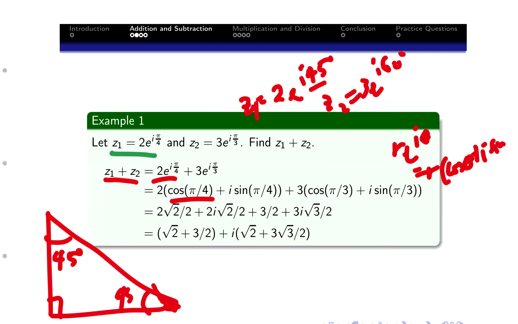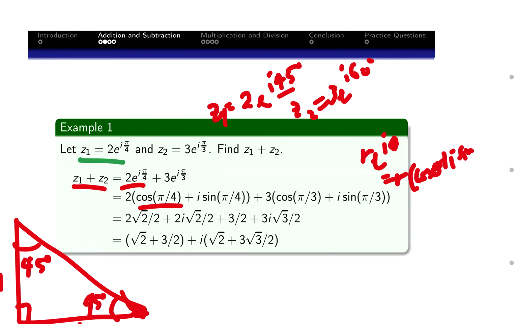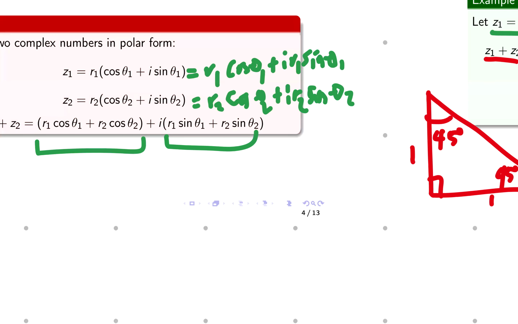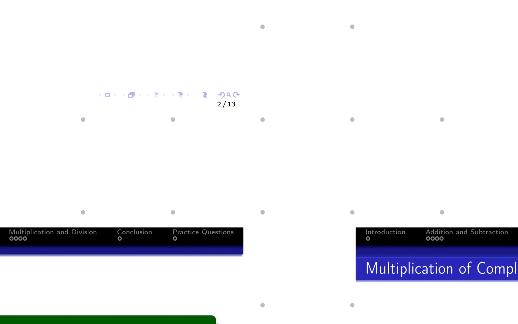So having taken care of that, you can go ahead to the next, let's see what we have next. That should be subtraction now. So let's talk about subtraction of complex numbers.